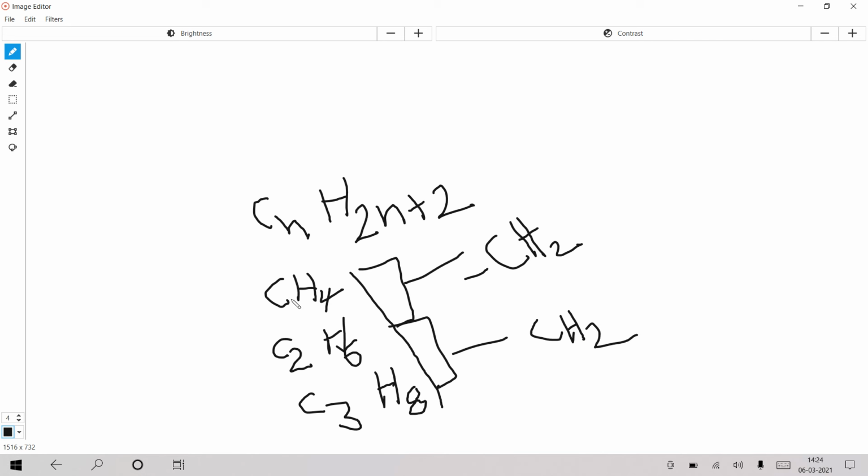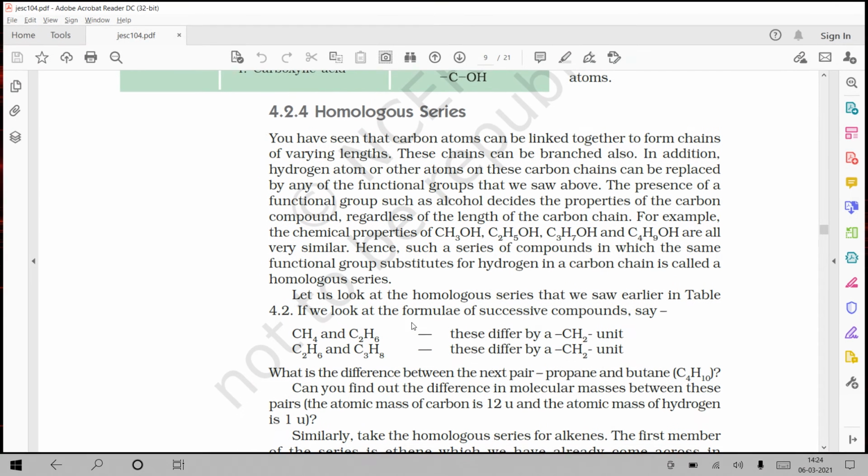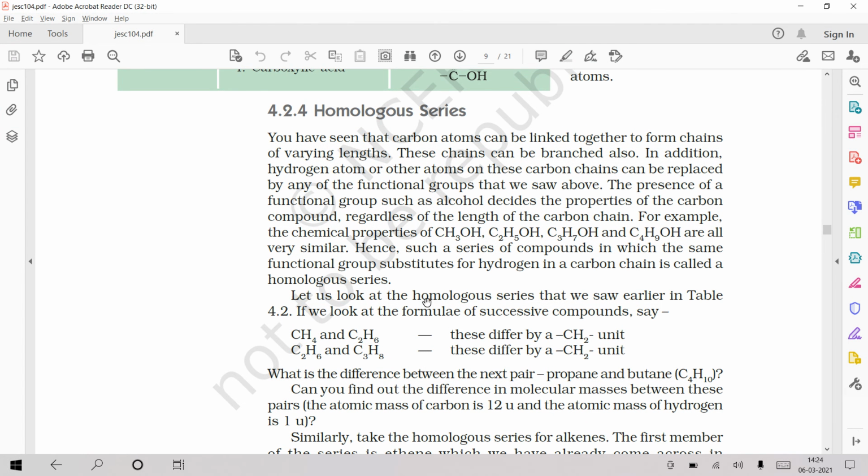So all these are called a group of compounds, a series of compounds in which each one differs from its next or previous compound by CH2 units. They are called a homologous series.